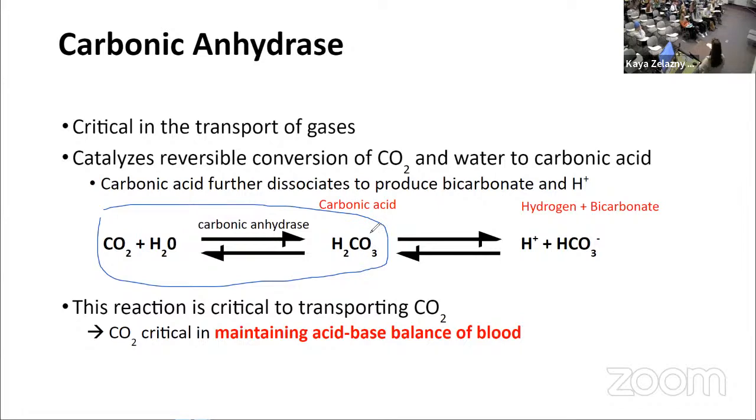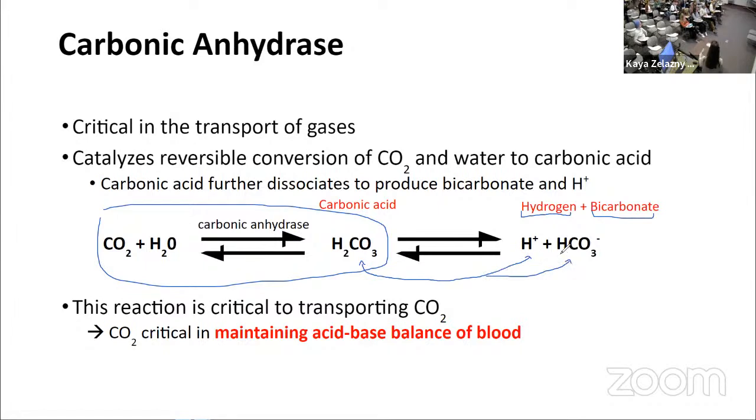But as we move forward, we're going to start thinking about the pH of your blood. And the pH of your blood is going to be dependent on the concentration of hydrogen ions and bicarbonate ions in your blood. So it is also the case that when you get that carbonic acid, it dissociates into those two products. So the hydrogen ions and the bicarbonate.